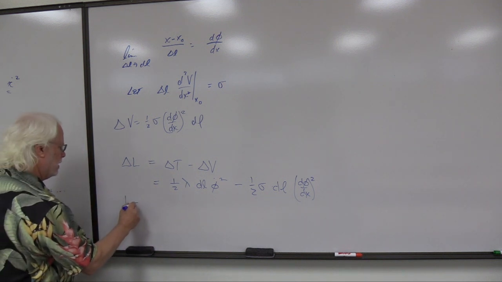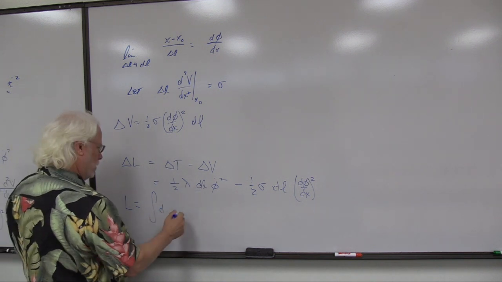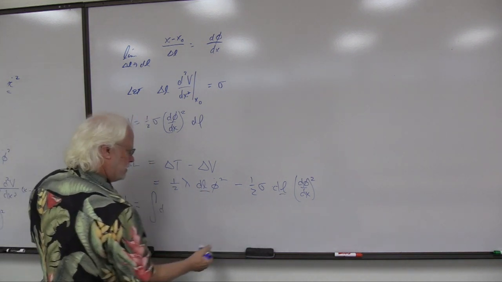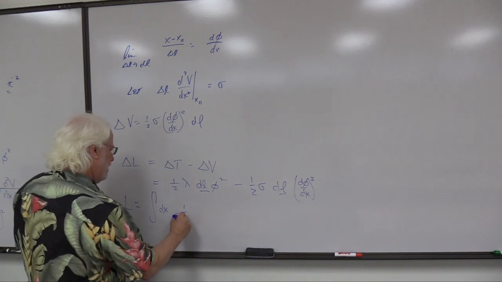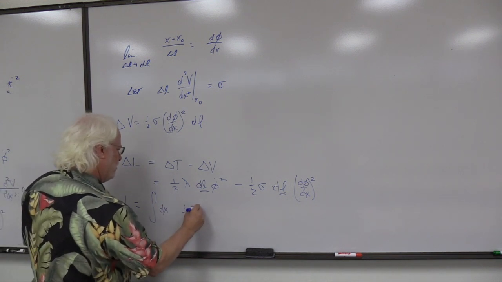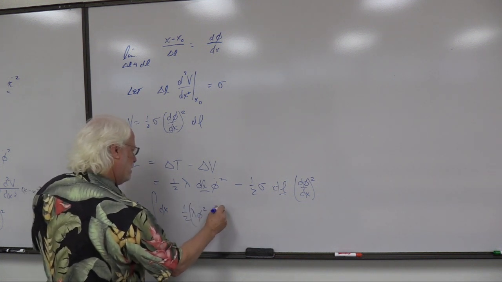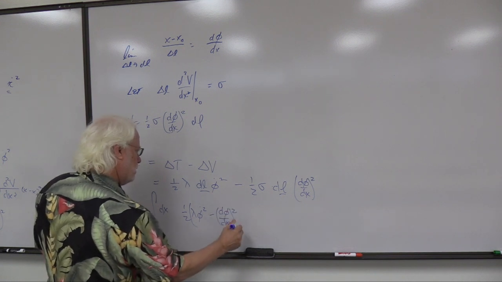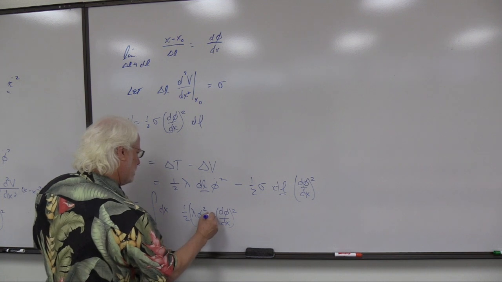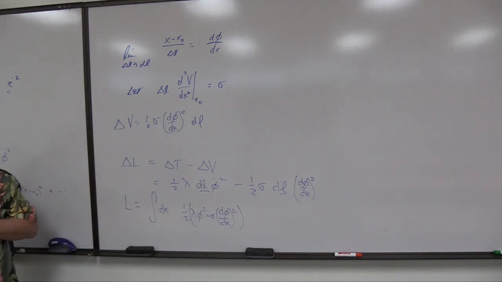And now the total L, I can integrate this over all displacements, or in the continuum limit, I'm just integrating over all x. What I have is 1/2 lambda phi dot squared minus sigma phi prime squared. And suddenly we're doing something that looks like a field theory.